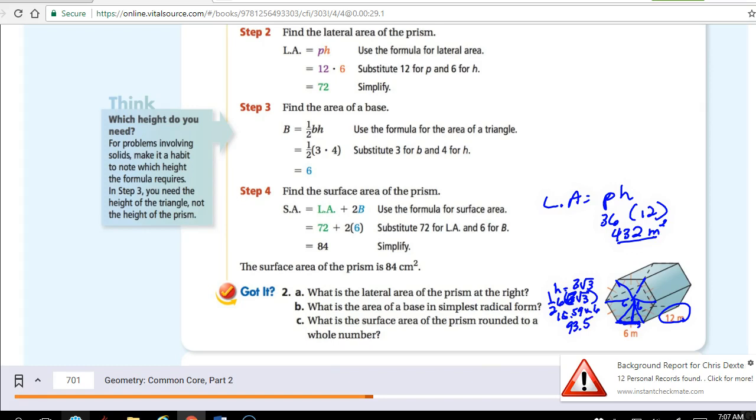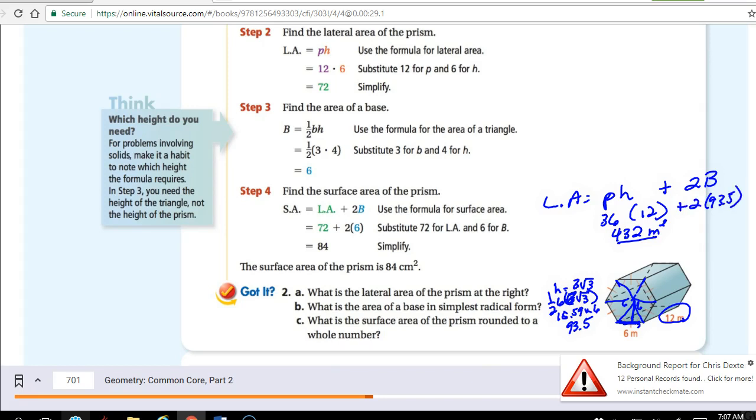Now, hexagons are a little bit more tedious and time-consuming than some of the other ones. But now, also remember that when you're going to add the lateral area plus the area of the bases, it's 2 times the area of the base. So this time it's going to be 2 times 93.5.